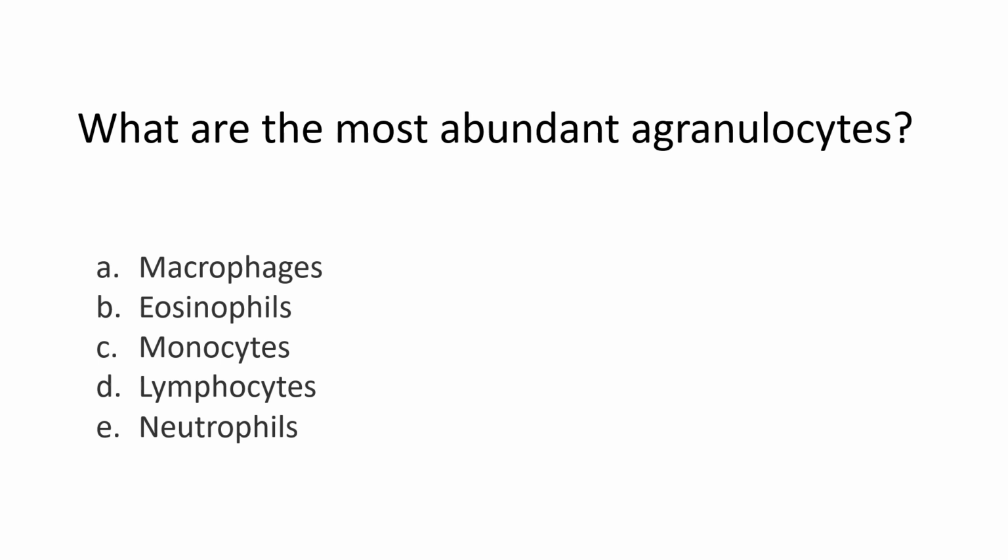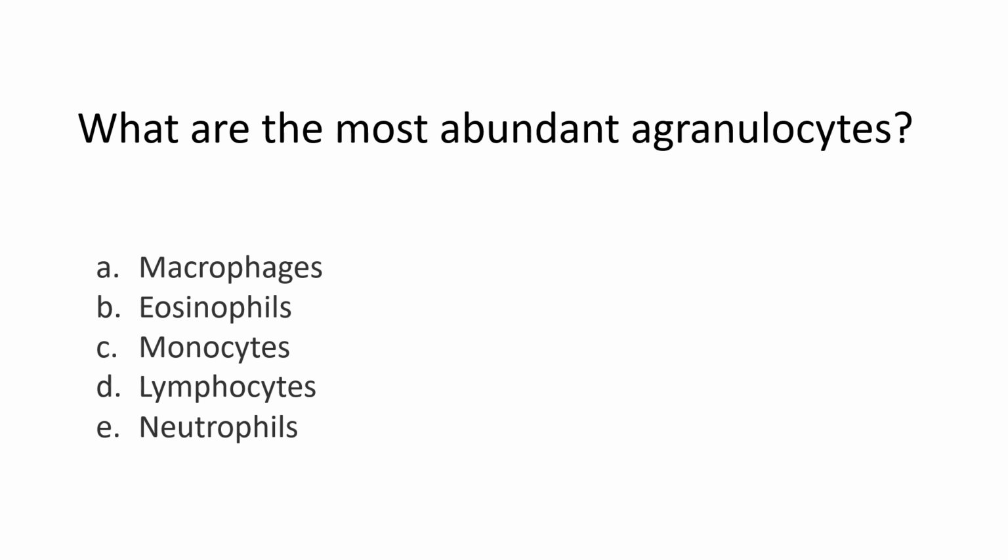What are the most abundant agranulocytes? The agranulocytes include the monocytes and the lymphocytes. The lymphocytes are the most abundant, because remember, they're second after neutrophils.